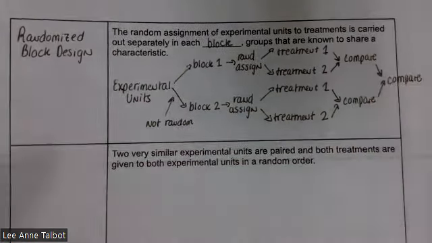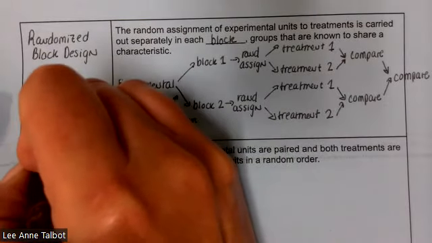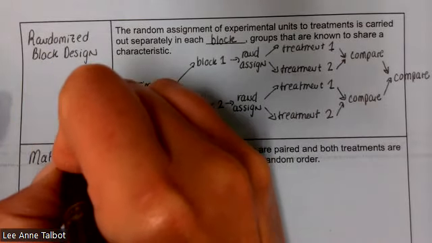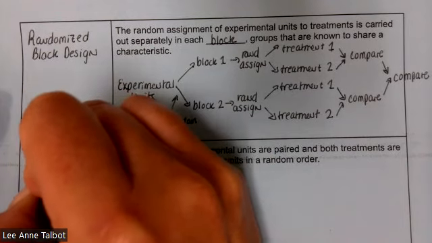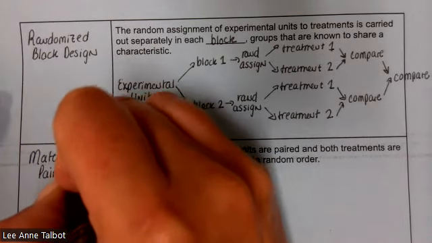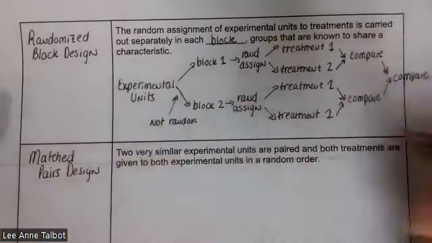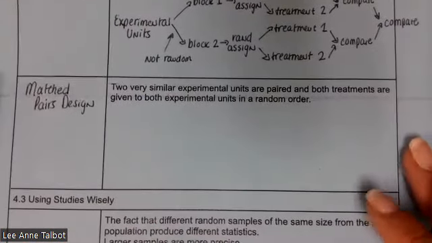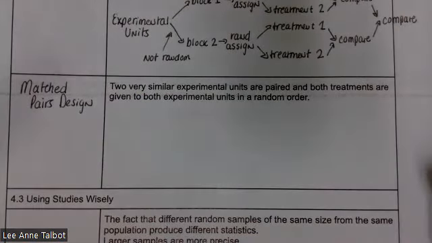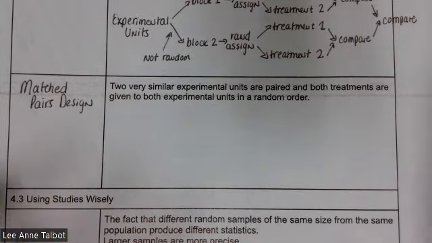Okay, last one is called matched pairs design. Two very similar experimental units are paired, and both treatments are given to both experimental units in a random order.